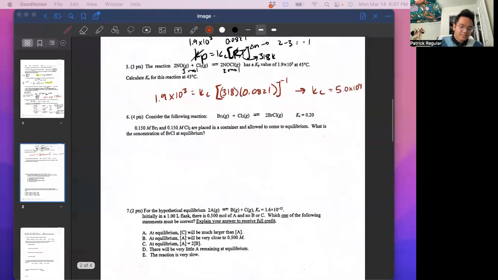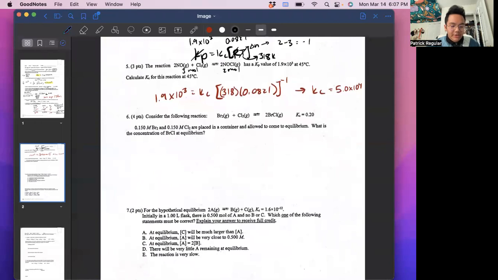Let's continue. All right, so right here, consider the following reaction, and you see right here, we are given a Kc, so we want to solve for it, right? It gives us 0.15 molarity of Br2 and 0.15 molarity of Cl2, those are our reactants, and they're allowed to come to equilibrium. So let's go ahead and draw our ice table.